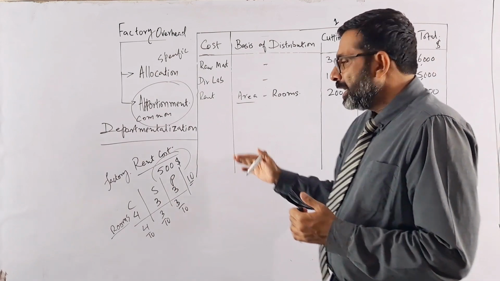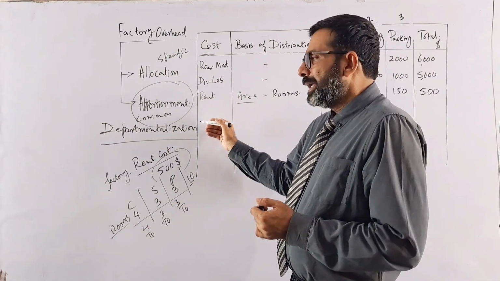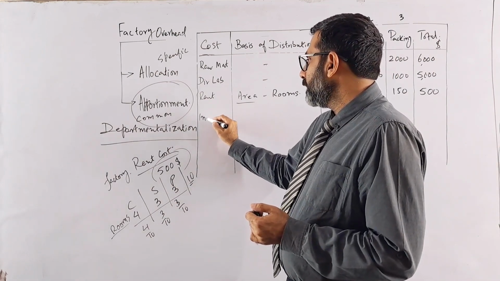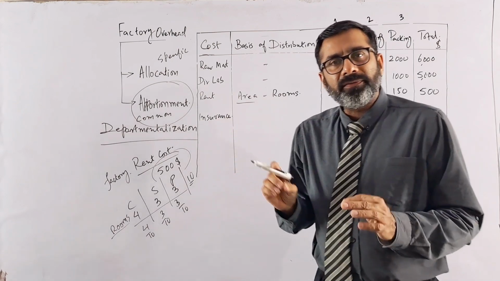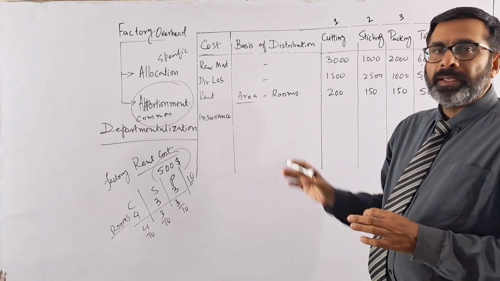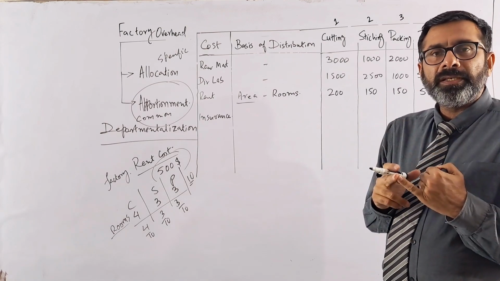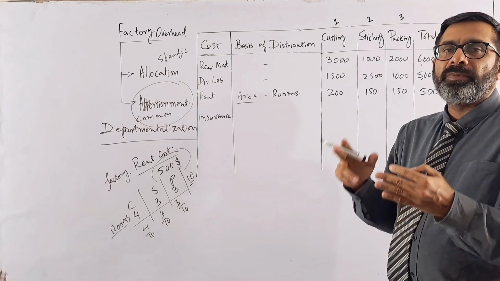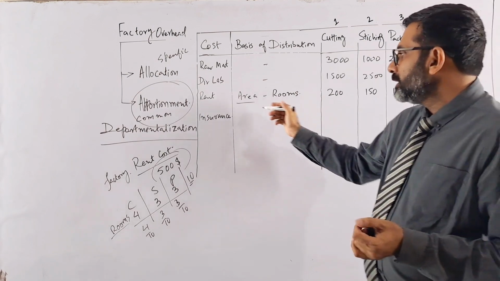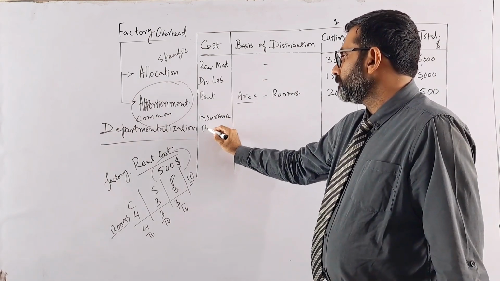In the same way, we may have other expenses like insurance. Insurance may be for the machine, for the workers, or for the building. Let's say this insurance is for the building.